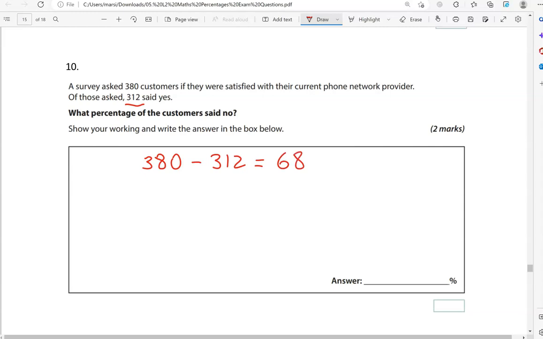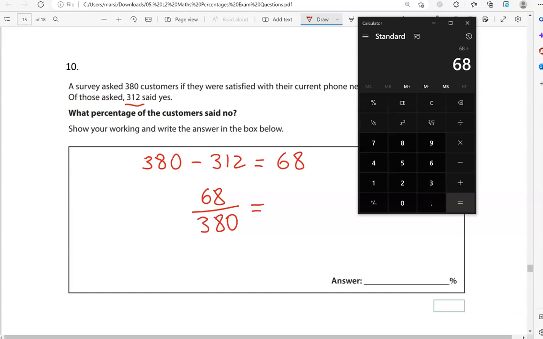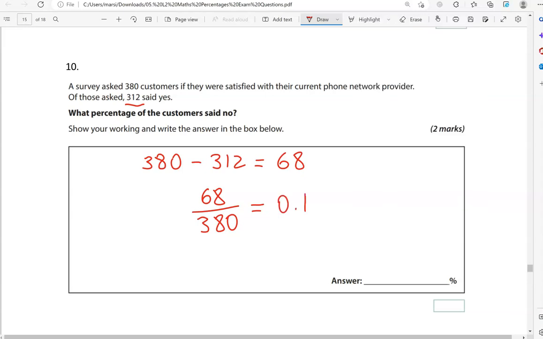Which is 68. So that is 68 out of the total number of customers, which is 380. So 68 out of 380, that gives us 0.1789, and so on.